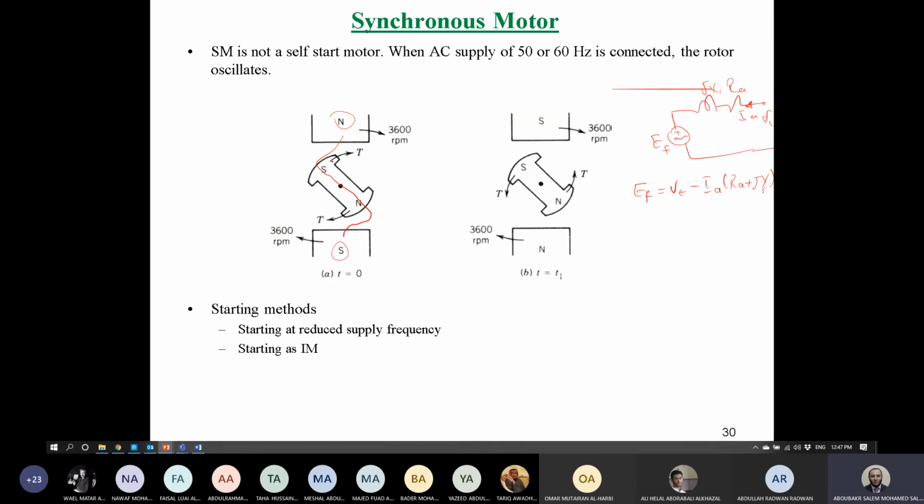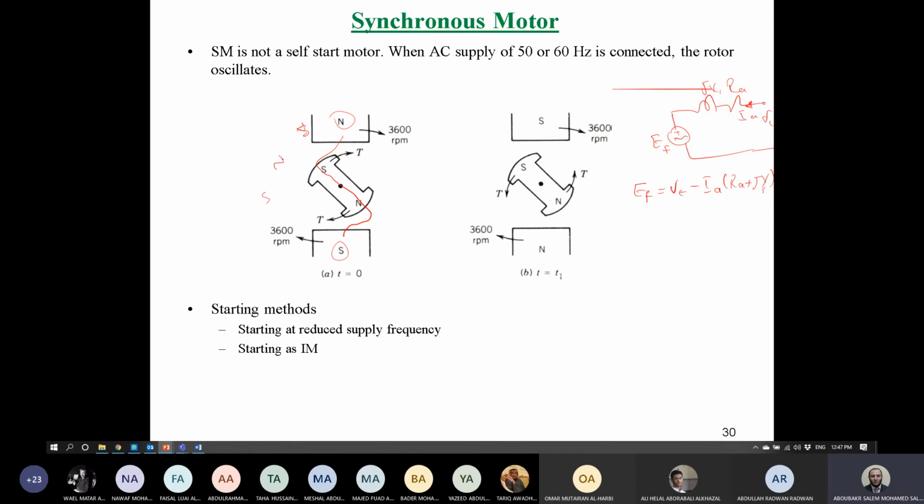If the rotor starts in motion, the polarity of N here will be changed. Why? Because in the geometry of the machine, we have S, then N, then S, and so on.